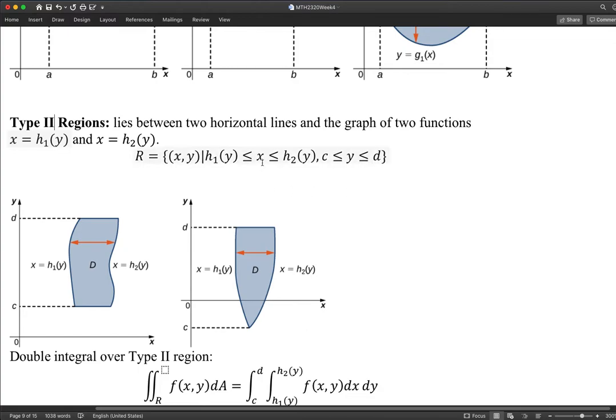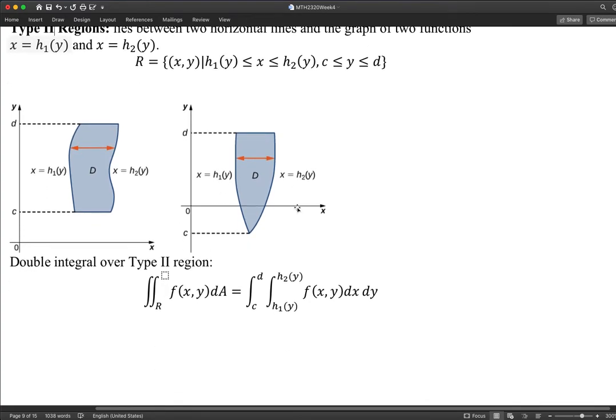And then x is bounded by two functions, h1 to h2. x is a function of y. Certainly for now, if I keep on talking like this, it may not make a lot of sense. When doing the actual problem, you will see what I mean by type 1 and type 2, how we make arrangements for the upper bounds and the lower bounds for x or y. And now let's take a quick look at how a double integral is evaluated over a type 2 region.